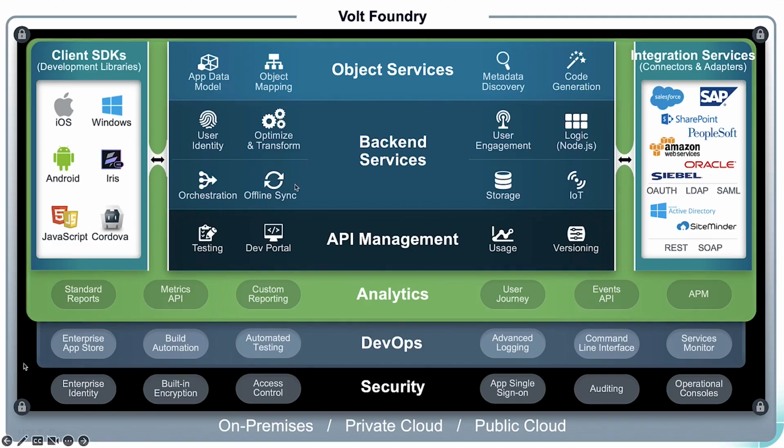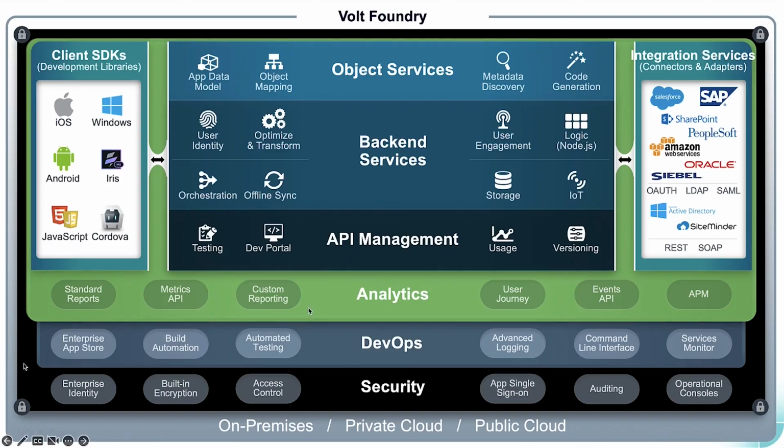It also has offline synchronization capability available. It has an object model, which is also what we talked about, the separate app data model and coding to an interface. With metadata discovery, it has a developer portal and API management with several different versionings.